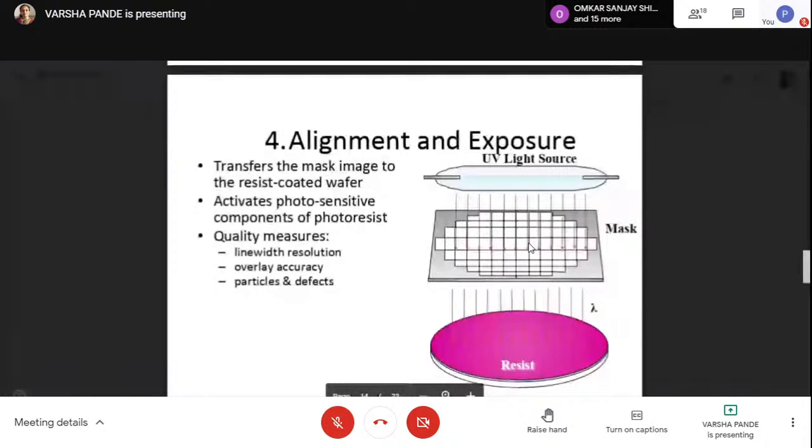For placing the mask there are three different methods: projection, proximity, or direct physical contact. Then it is exposed to ultraviolet light for near about 30 minutes.